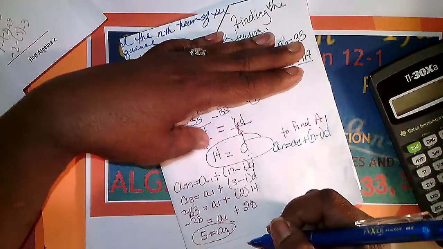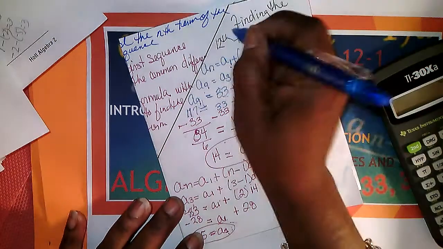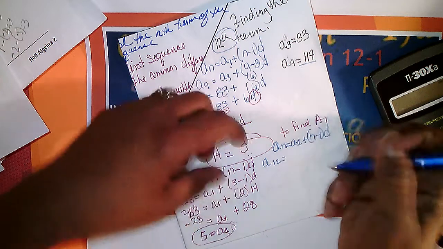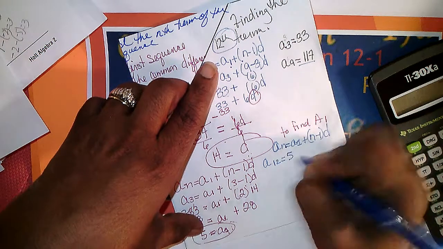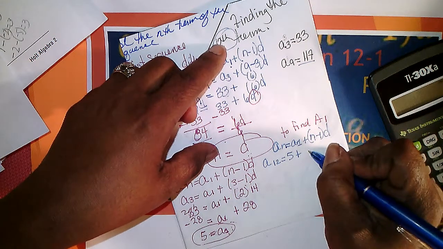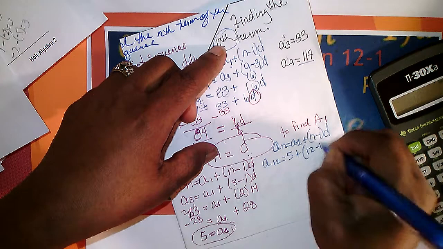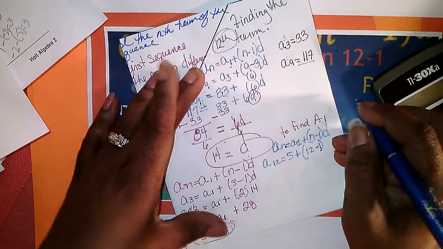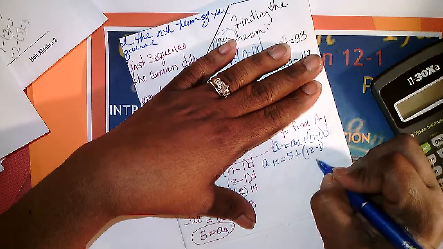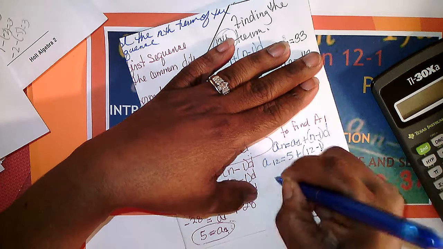We know n, we're looking for the 12th term. So a12 equals a1, and we said a1 equals 5, plus 12 minus 1, which is 11, times d.